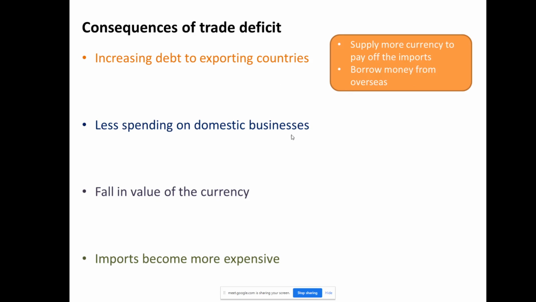Also, when you talk about the second one, there will be less spending on domestic businesses. So why is there less spending on domestic businesses if there's a trade deficit?